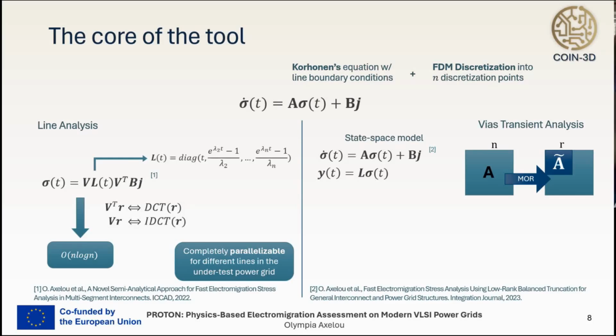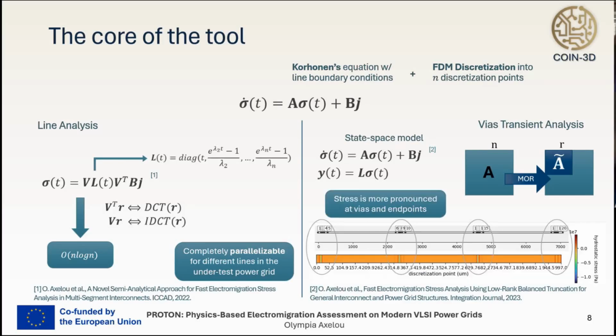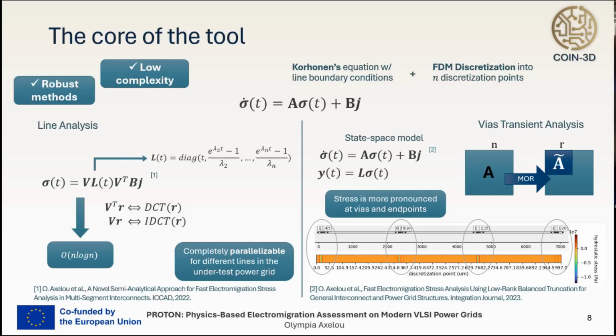For this purpose, it leverages the fact that the stress is proved to be more pronounced in the vias and endpoints. So our tool focuses on these points, but it is not limited only to them. So both core methods have low complexity, and thus they are very efficient. And because of the nature of the methodologies, they also are robust and provide accurate results with minimal error.